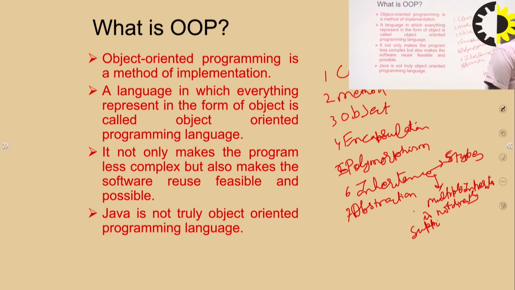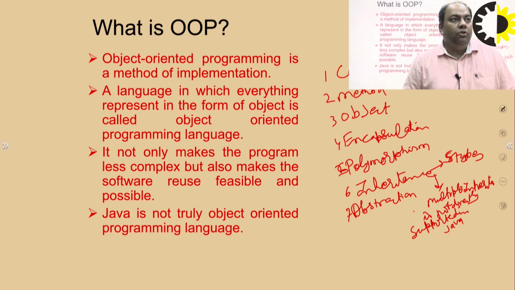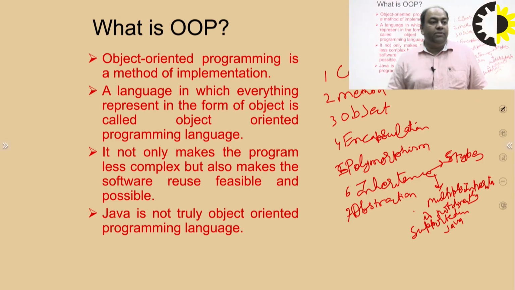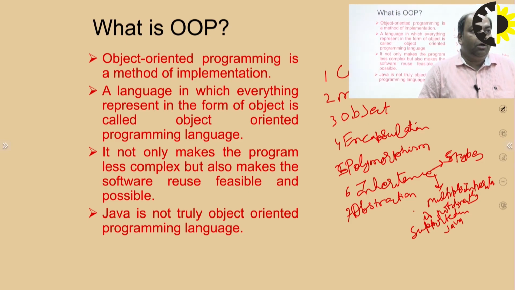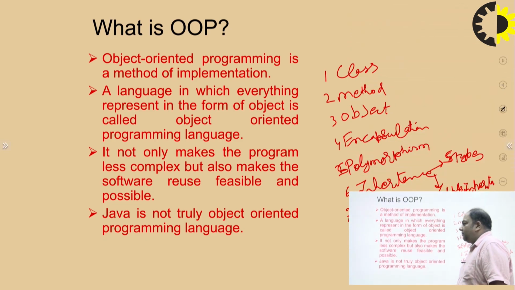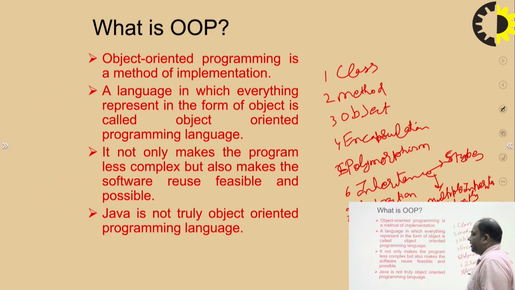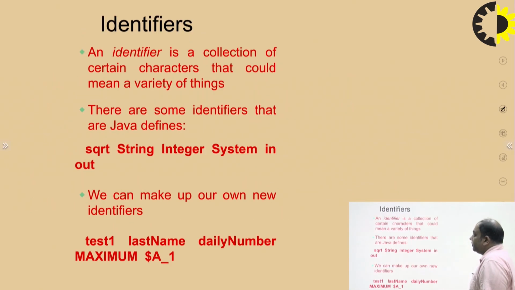Multiple inheritance is directly not supported in Java. So for implementing the multiple inheritance, we have to use the interface. So because of this, we can say that Java is object oriented programming language, but not truly object oriented programming language. All these are concepts which I have already written on that slide: object, class, encapsulation, inheritance, polymorphism and abstraction.